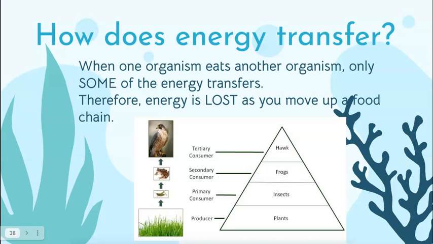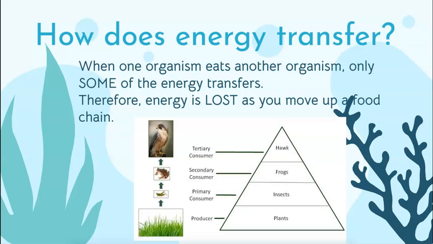Okay, so next let's look at how energy transfers within this pyramid. We know that when one organism eats another organism, only some of the energy transfers. So therefore, energy is lost as you move up a food chain. So therefore, the plants or the producers on the bottom tier of the pyramid have the most energy.